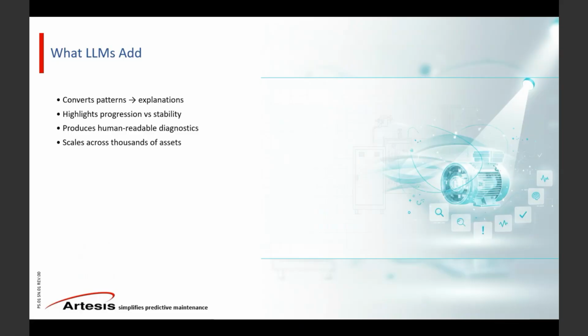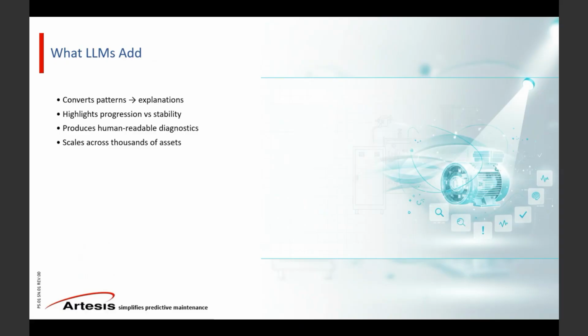So probably by now the role of the LLM in our system is clear. It bridges the gap between the data and the decision, because patterns on their own don't create action. A spectrum peak, a deviation score, a fault label of transmission misalignment, those are signals, but someone still has to translate them into what does it mean, how serious is it, and what should we do next?